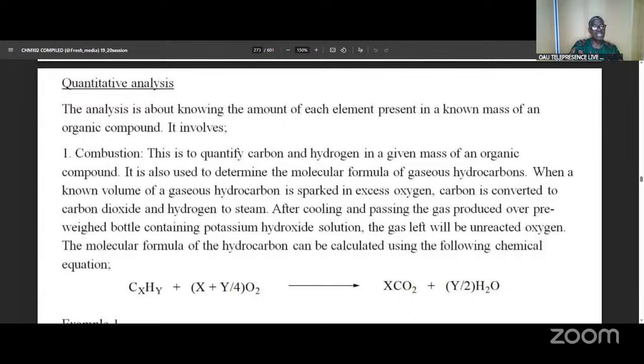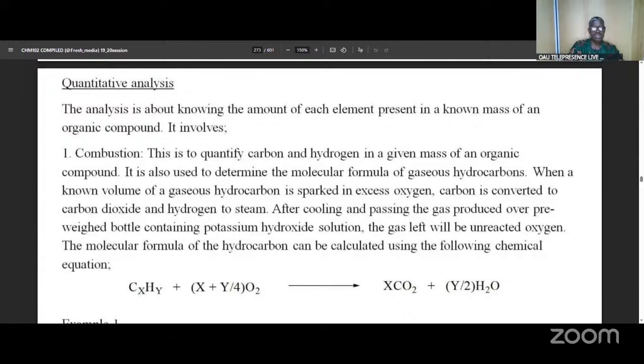That is, you burn it. This is to quantify carbon and hydrogen in a given mass of an organic compound. Combustion is also used to determine the molecular formula of gaseous hydrocarbons. When a known volume of a gaseous hydrocarbon is burned in excess oxygen, carbon is converted to carbon dioxide, and the hydrogen that is present in the organic compound is converted to steam.